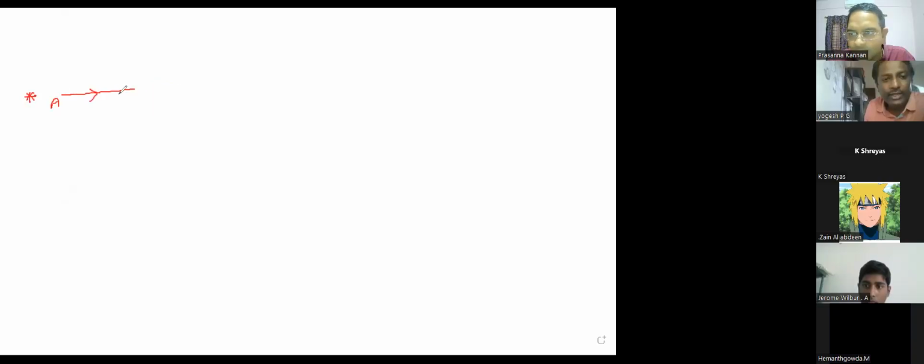Now, suppose I consider 2 vectors like this. A is the initial point, B is the final point, this is the AB vector. I will consider one more vector, students, let it be the CD vector. C is the initial point, D is the final point. Suppose AB vector is equal to CD vector. What is the meaning?